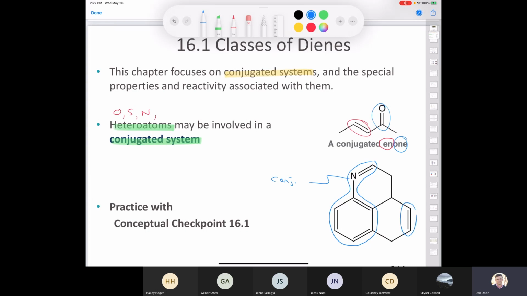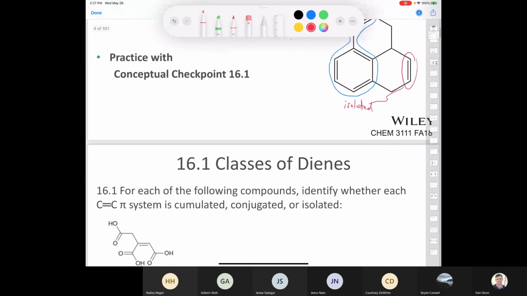Whereas this double bond over here is not conjugated to anything. Why? Because that double bond is isolated. It's by itself. You have single, single. In order to have a conjugated system, it's got to go double, single, double, single. So this would be isolated, by itself, all alone, not conjugated.